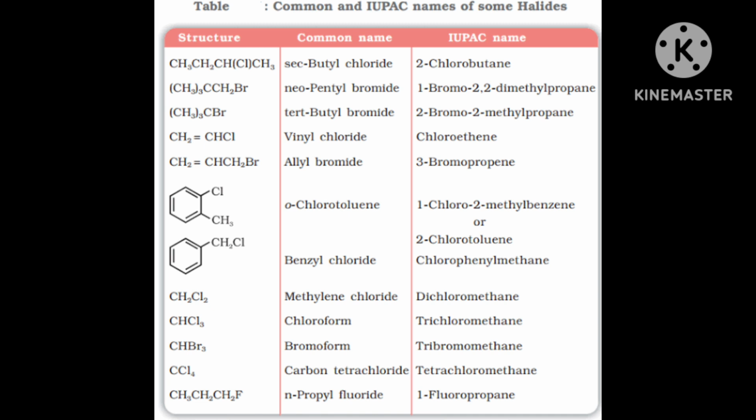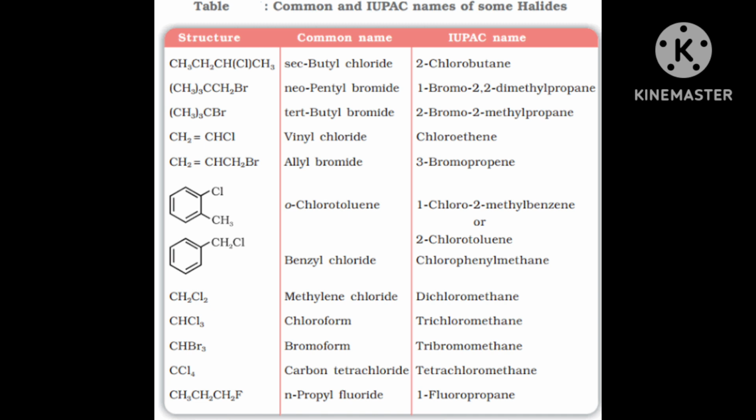Then there is also the para position you can tell. Actually two bromine atoms are there, so in comparison to any one you can name the other. In comparison to the first bromine, you have to tell what the other position is.